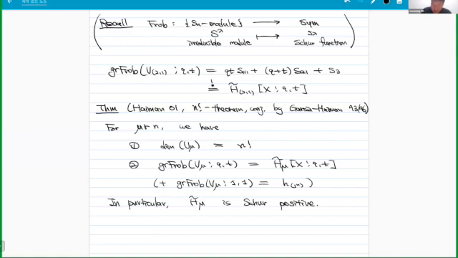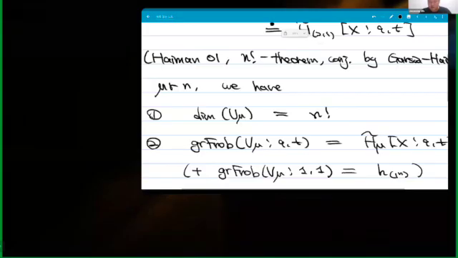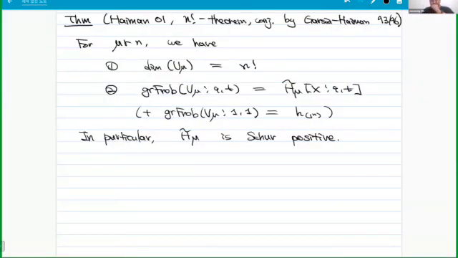And Haiman proved it using geometry of Hilbert schemes of points in a plane, which I don't know much about. And his proof was geometric and did not give a combinatorial recipe to find the q,t Kostka polynomials, which are the Schur coefficients.